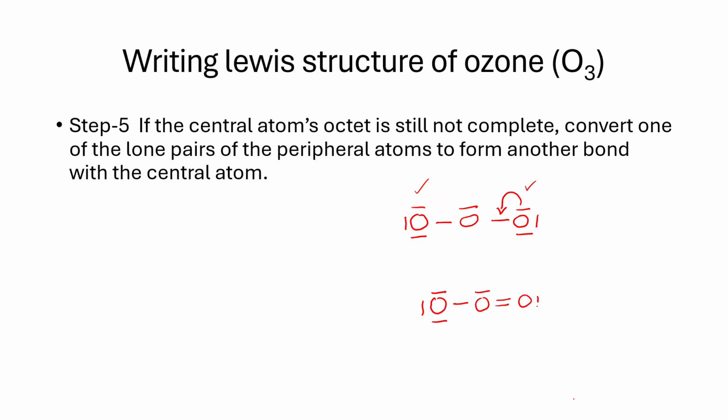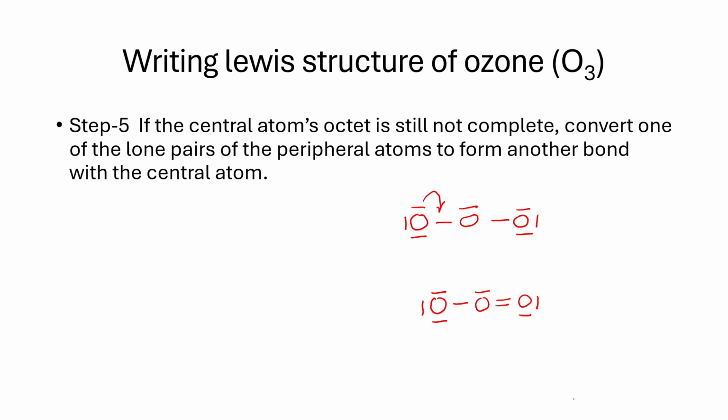looks like this, right? Now, you might argue that the same could have been done with the other oxygen as well. So rather than this oxygen over here, I could have used the lone pair from this oxygen as well, and that is quite true.